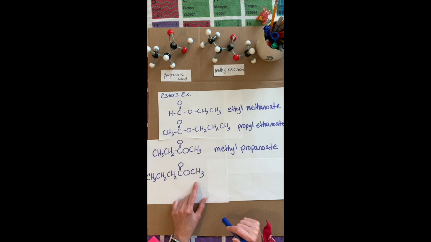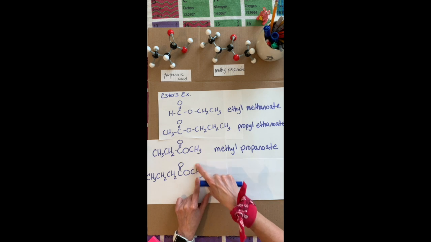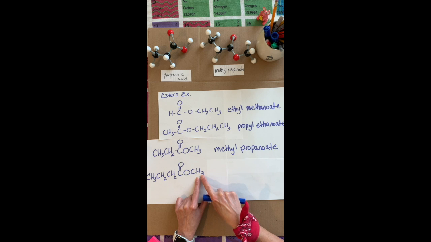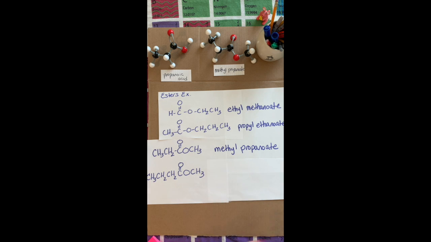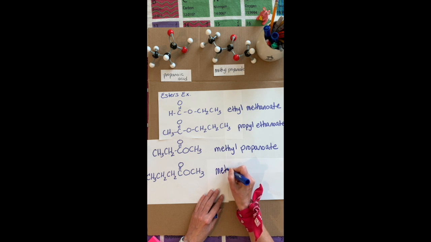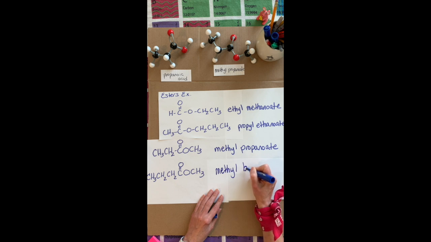All right, and then let's look at this example. We've got a 1 carbon group. Look at that, same. This is a methyl. 1, 2, 3, 4. Butanoate. Methyl butanoate.